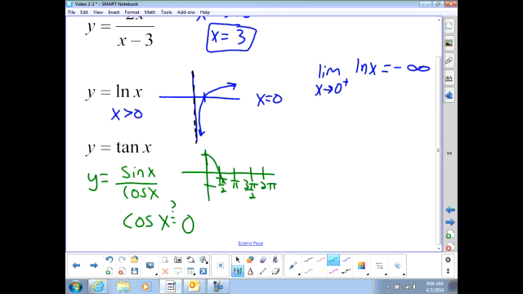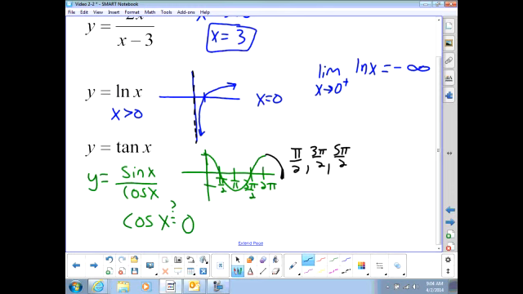Cosine always starts at 1 and will look something like this. Well, cosine is 0 at pi over 2. It's also 0 at 3 pi over 2. If we were to keep going, it would hit 0 again at 5 pi over 2.